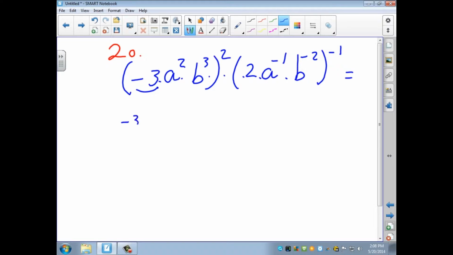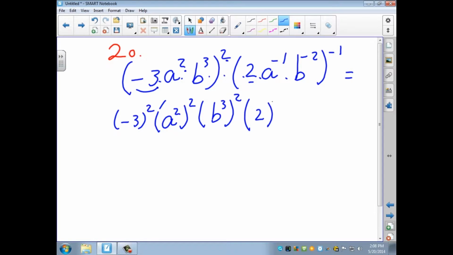So I'm going to say minus 3 to the second power, and then a to the second power to the second power, b to the third power to the second power, the next 2 to the 1 power to the minus 1 power, a to the minus 1 to the minus 1 power, b to the minus 2 to the minus 1 power. So individually, we're going to raise these to their powers.